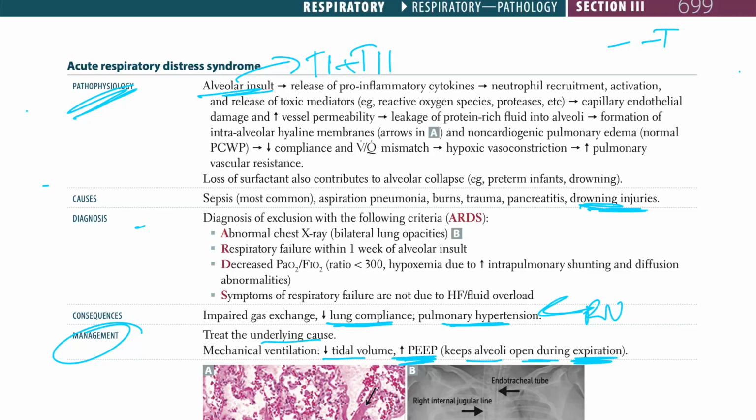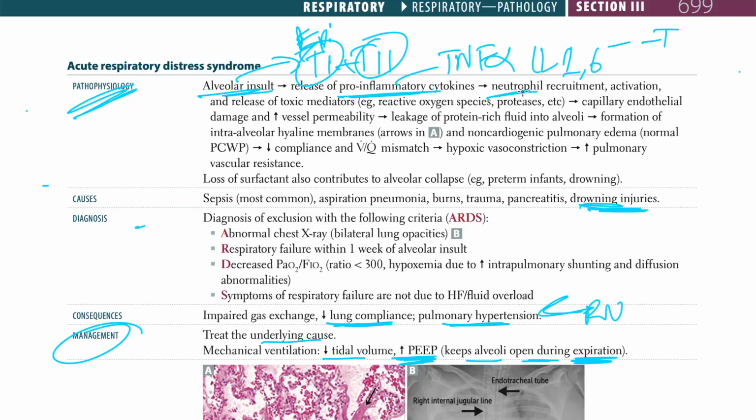Type 1 is your pulmonary epithelium. So with alveolar insult, type 1 and type 2 are damaged. Pro-inflammatory cytokines are important here. What are they? They're going to be your TNF alpha and IL-1 and 6. So they're going to be high here.